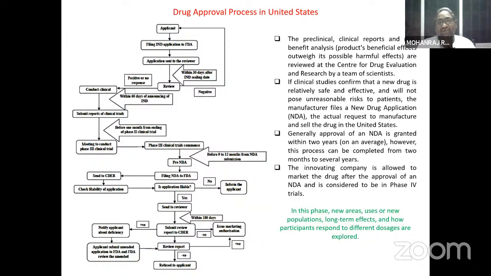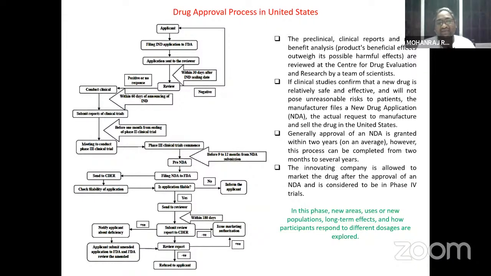And if they conclude the new drug is relatively safe and effective and will not pose any untoward risk, it will not harm or injure the patient. The NDA is approved within 2 years after the CDER process, and the innovative company is allowed to market the drug.